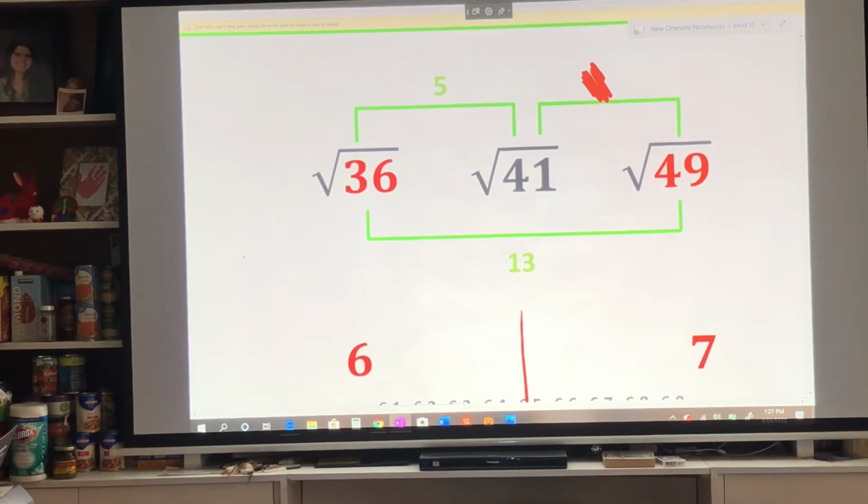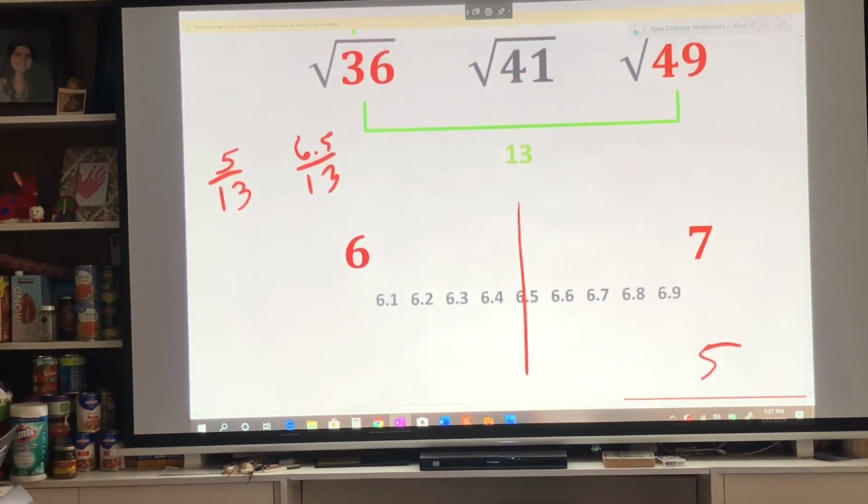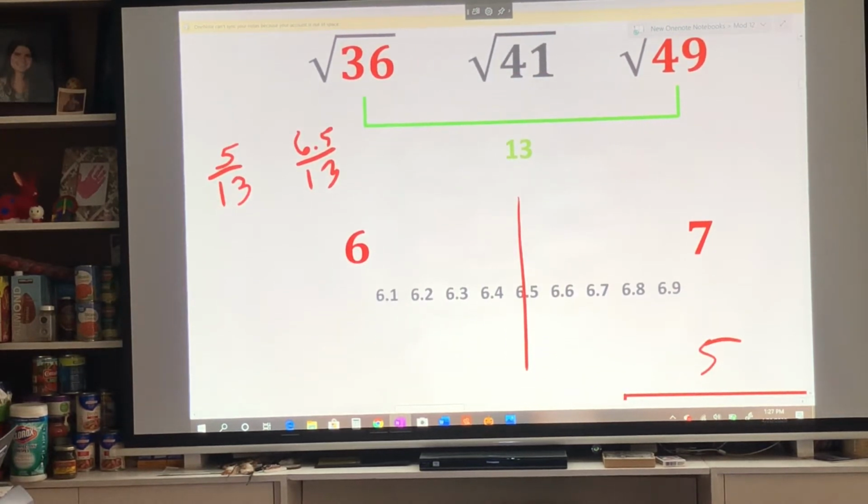5/13 is less than a half. Half of 13 is 6 and a half. And we're less than that. So we're less than halfway. I put my numbers between 6 and 7 going by tenths, 6.1, 6.2, etc. And I put a little line there saying that it's going to be over here somewhere.